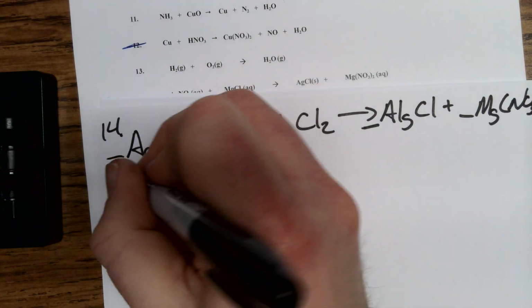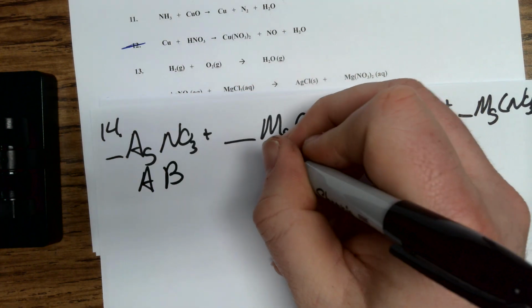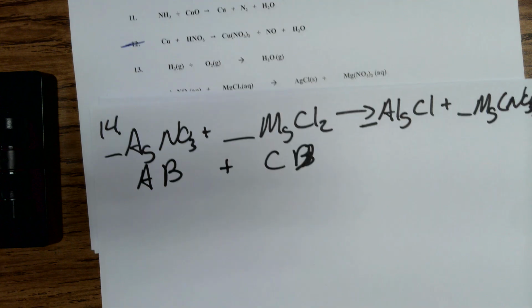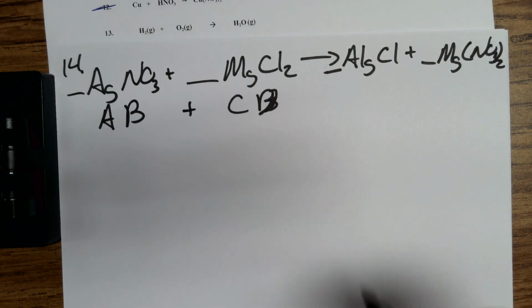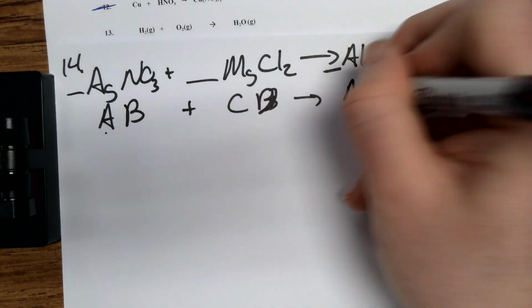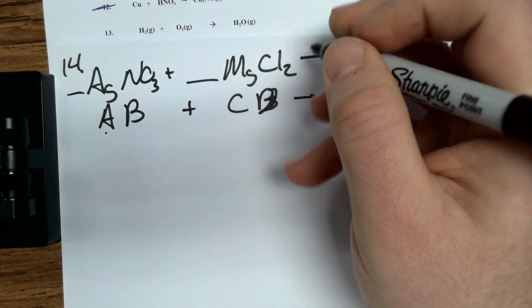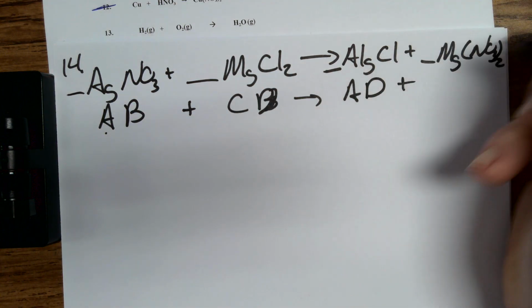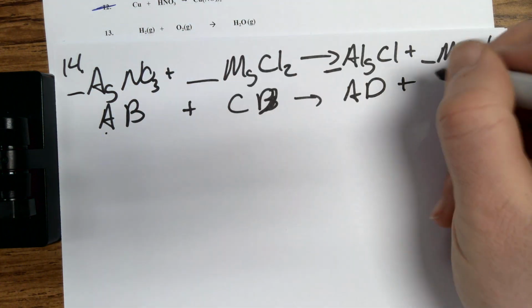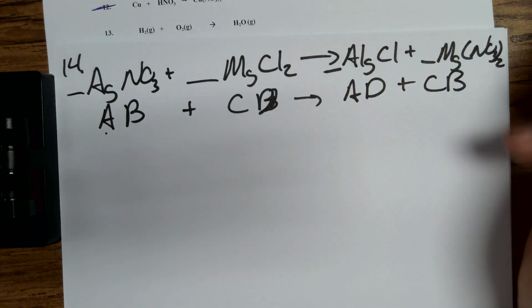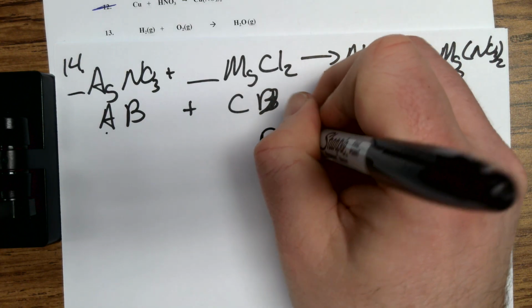Now here I have AB plus CD. Give me a second. Created AD plus CB. This is my double replacement.